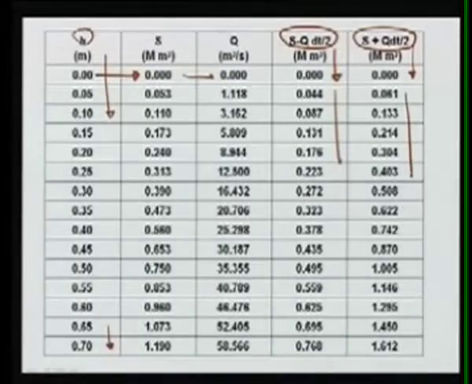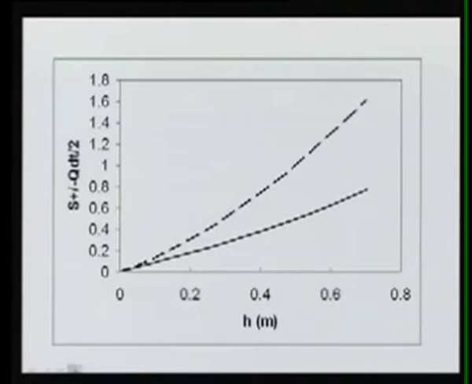And obtaining these two columns, we can plot it and show the variation of H versus S plus minus Q delta T by 2. So S minus Q delta T by 2 and S plus Q delta T by 2.